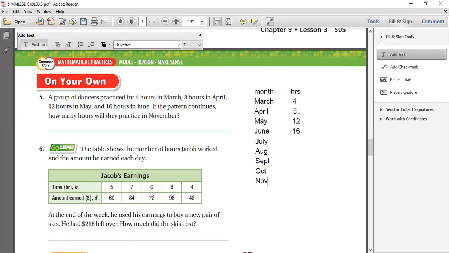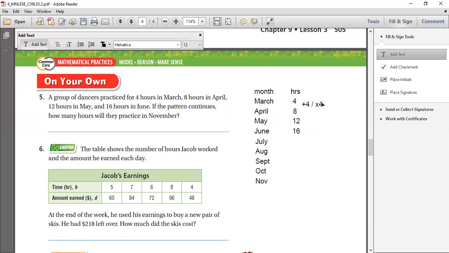Look at the pattern. How did the 4 become 8? You add 4, 4 plus 4. Or you multiply 4 by 2. Now we have two options. Either you add 4, or you multiply by 4. Let's see how the 8 became 12. Is it by adding 4 or multiplying 4? 8 plus 4 is 12, or 8 multiplied by 4 is 12?